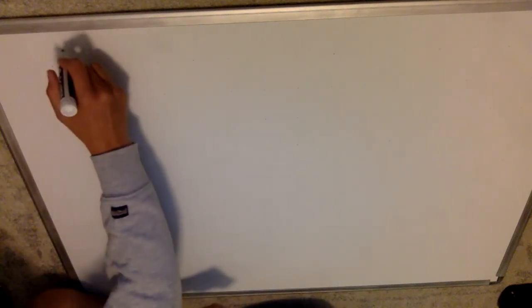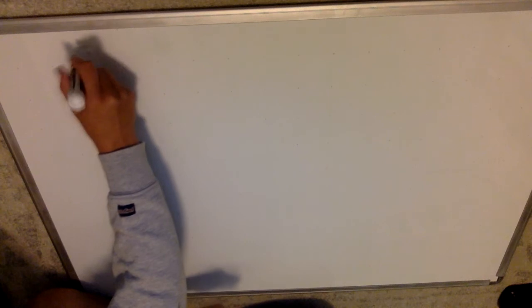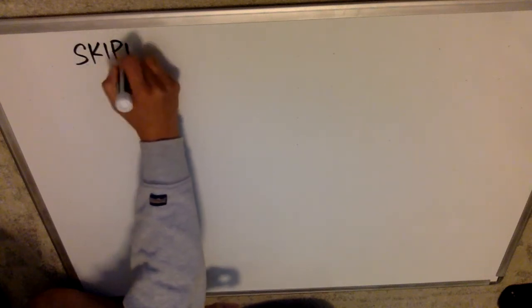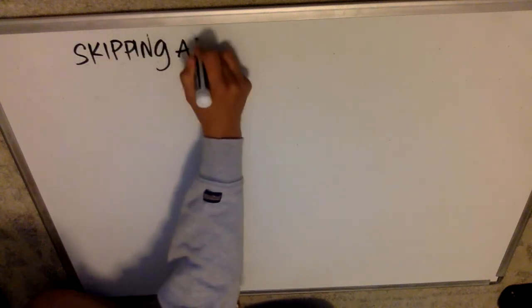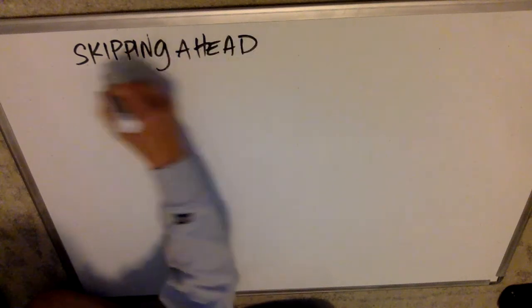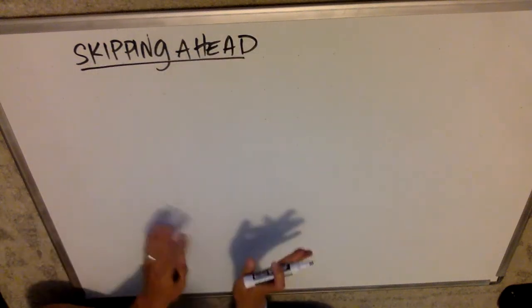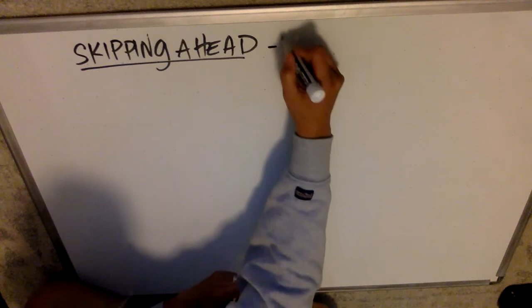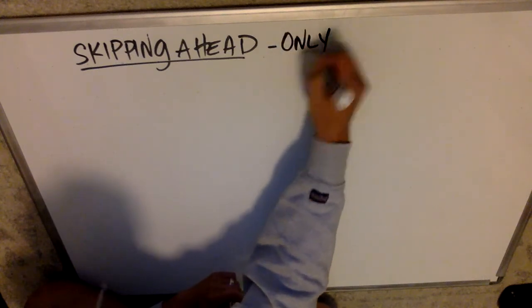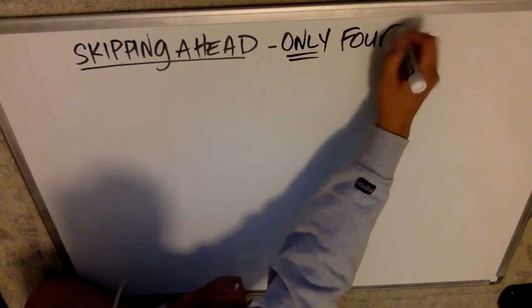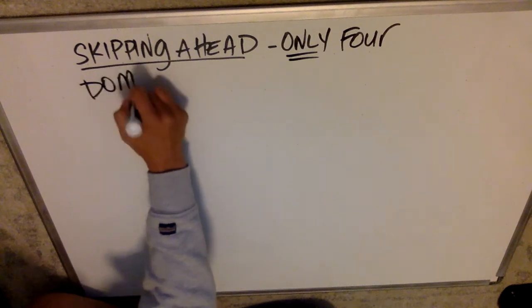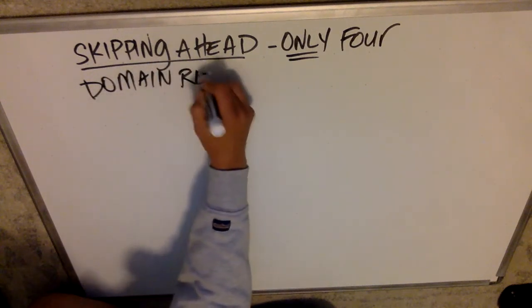This is a bit of skipping ahead, and we're going to revisit this a lot later. Your textbook doesn't address this right now. We're going to learn about the only 4 domain restrictions.